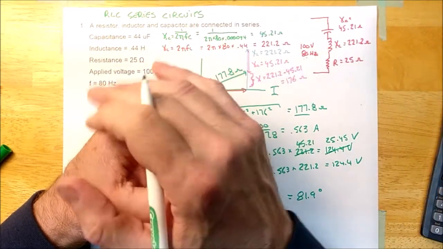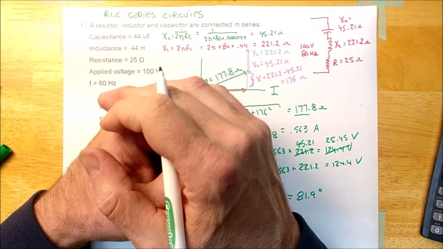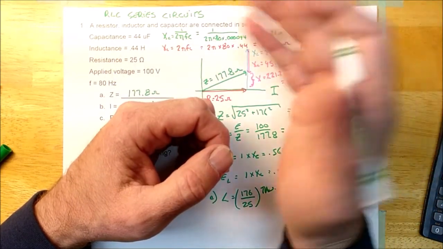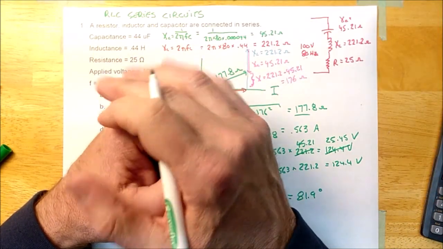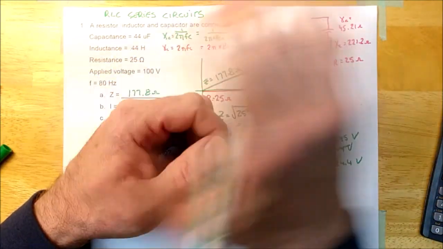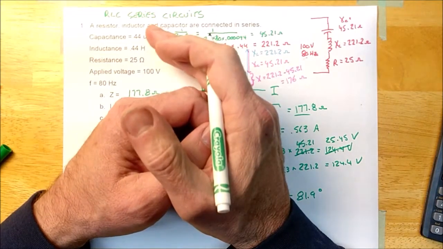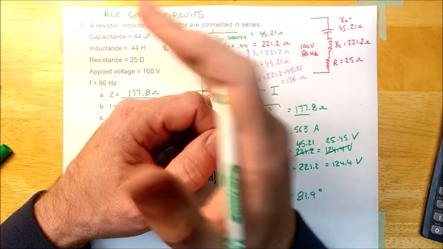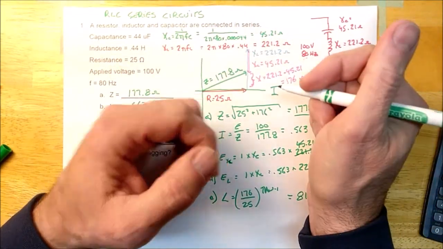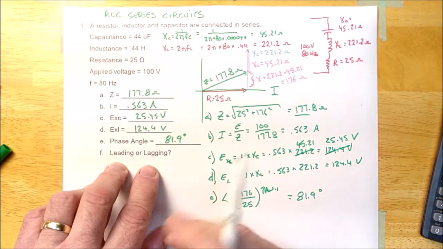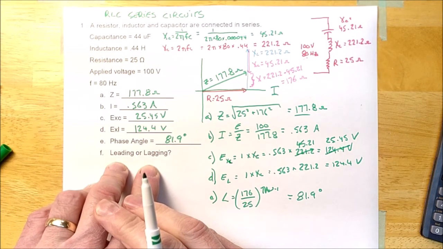If you say that the circuit is leading, you're saying that the current is leading. Anytime you have something lagging, you also have something leading, and so in order to make it clear across the board, you always talk about the current. So when I'm asking you leading or lagging, I am asking you about the current.